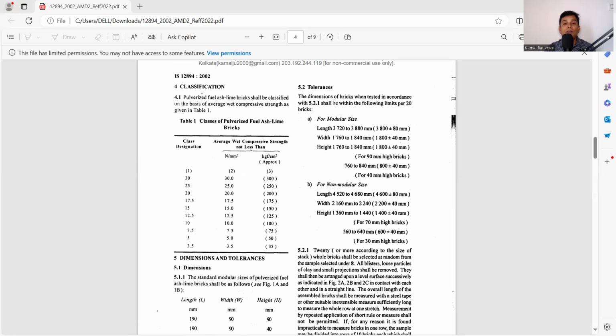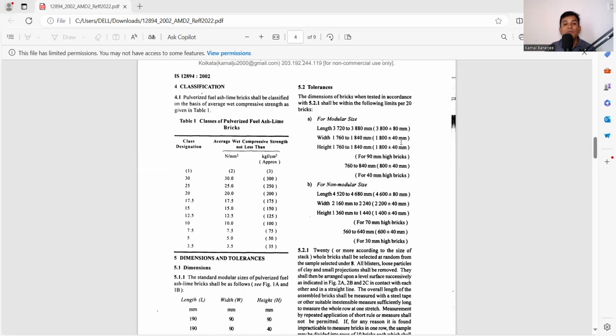So what is the tolerance for modular size bricks? For the length it is plus minus 80 for 20 bricks, which can be accepted if the tolerance is within plus minus 80.